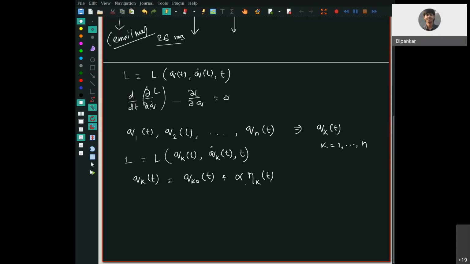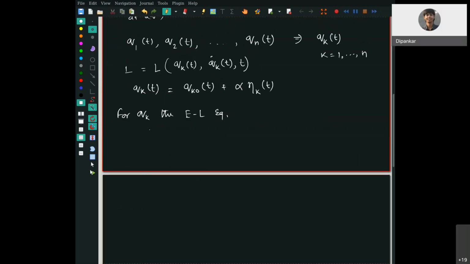Now again, if you play your cards right and apply your variational principle, you will find for the kth coordinate, for qk, the Euler-Lagrange equation will be of the form d/dt of ∂L/∂qk dot minus ∂L/∂qk equals 0.